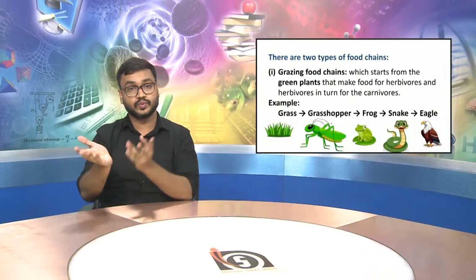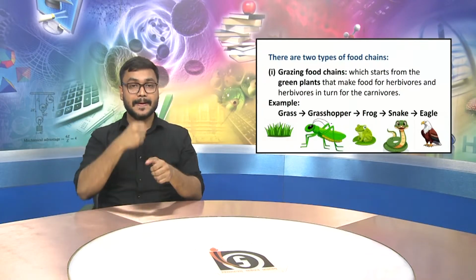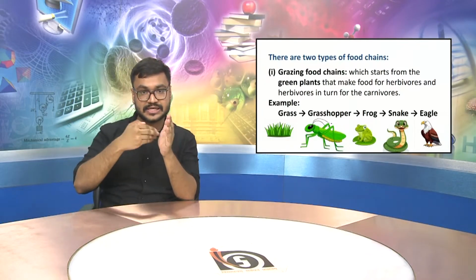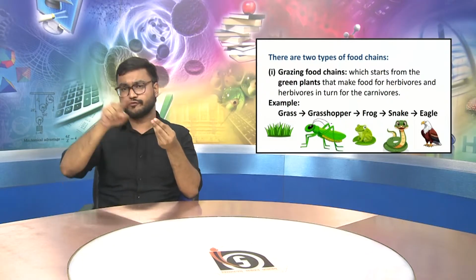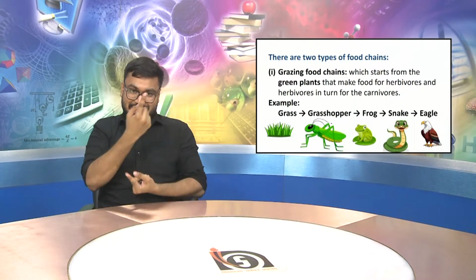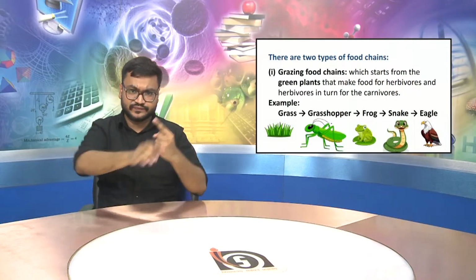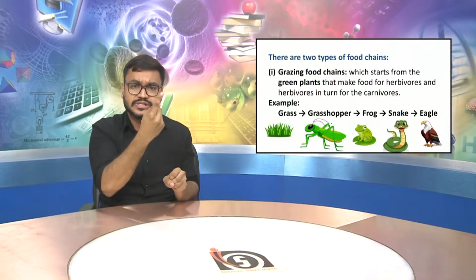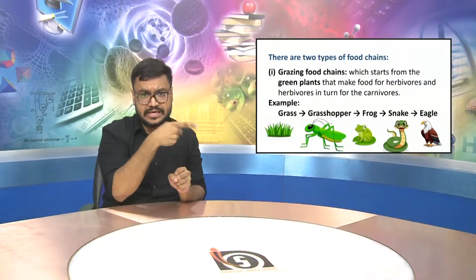There are two types of food chain. First is grazing food chain, which starts from the green plants that make food for herbivorous, and herbivorous in turn for the carnivorous.